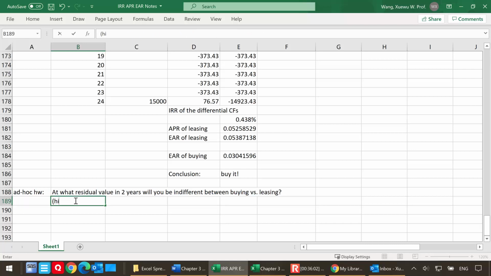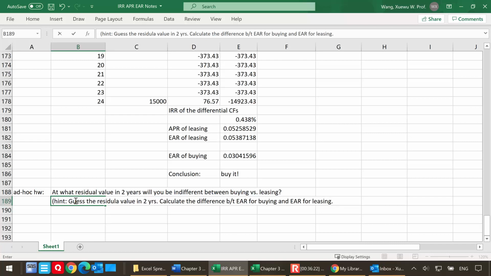I'm going to give you a little hint here. Guess the residual value in 2 years, and calculate the difference between the IRR for buying and the IRR for leasing. Then invoke Solver.